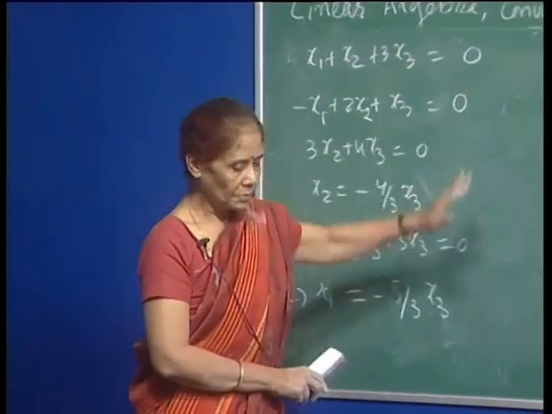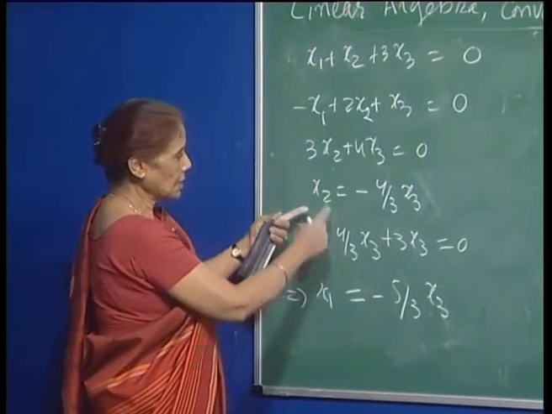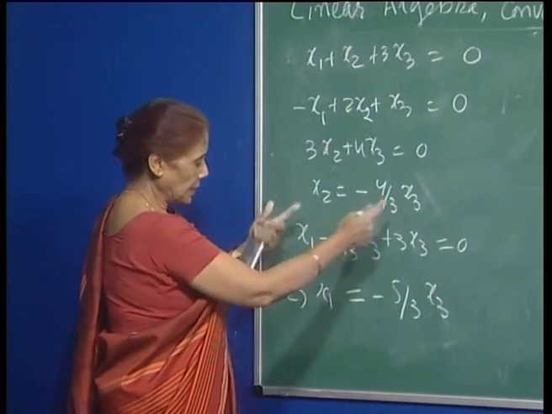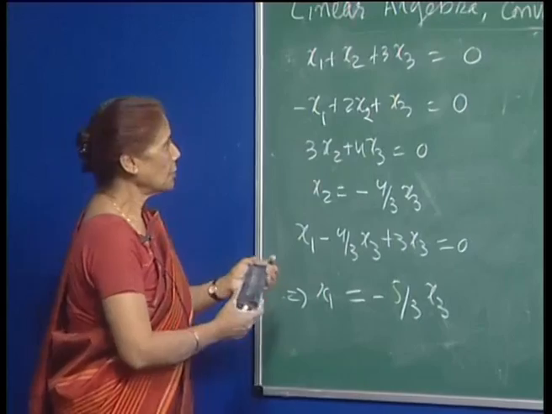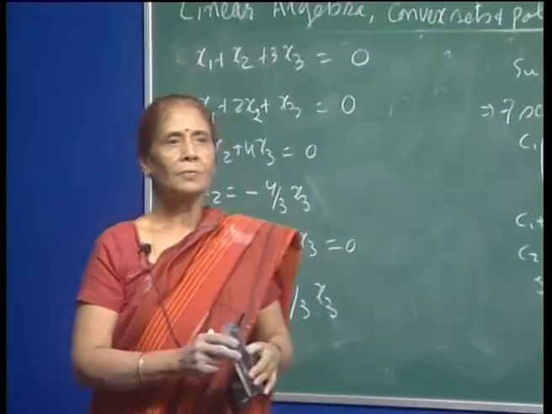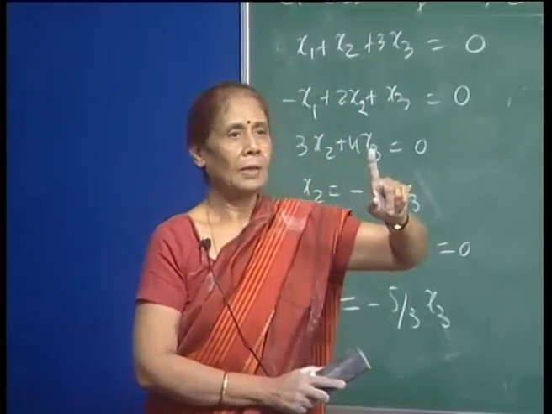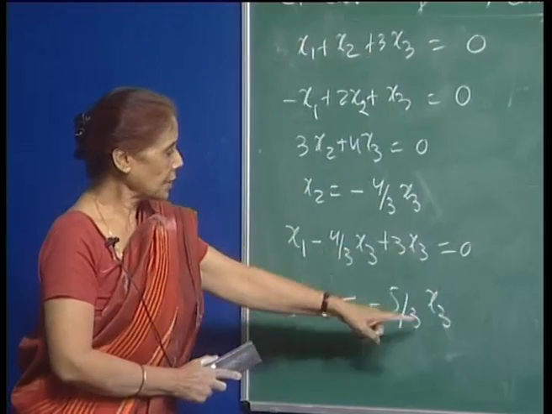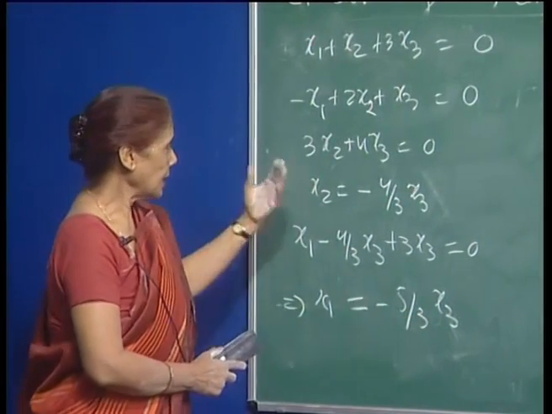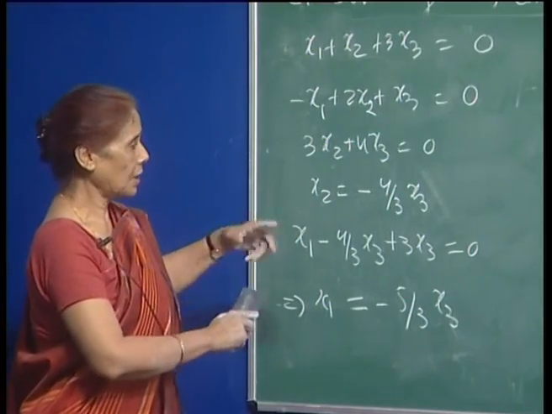I am considering the system of equations in R3, and the best I can do is determine x2 in terms of x3 and x1 in terms of x3. Another way of saying this is that the degrees of freedom for this system is 1, because only one variable is free to take any value, and correspondingly the values of x1 and x2 get fixed, and so I have a solution.